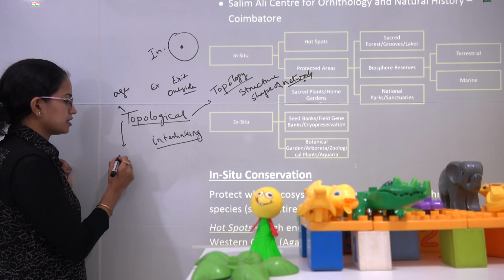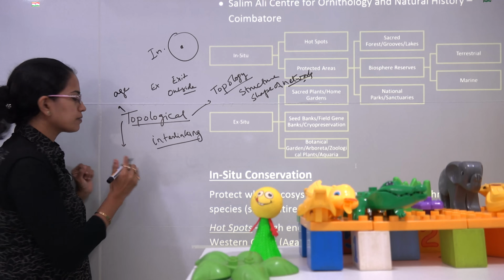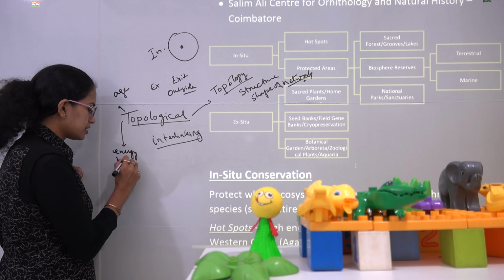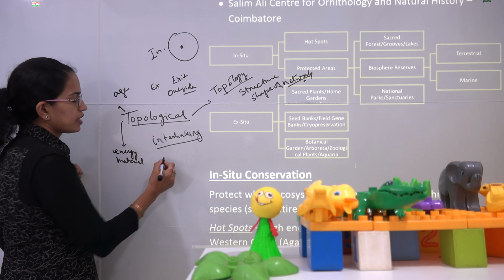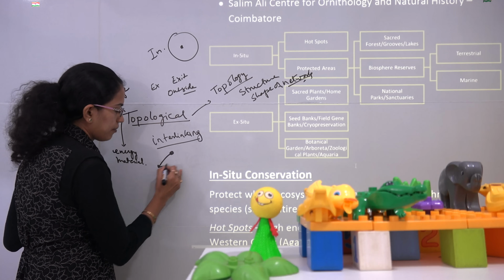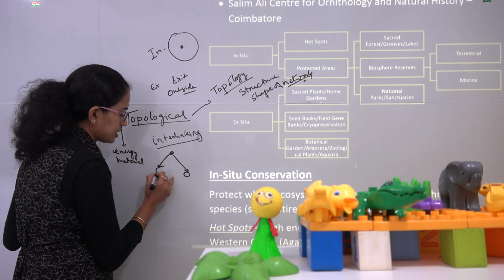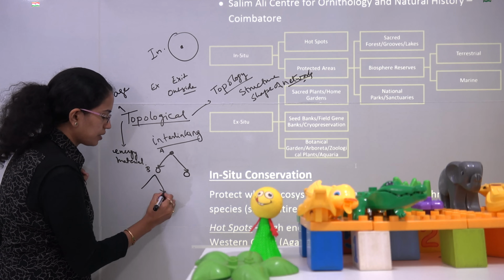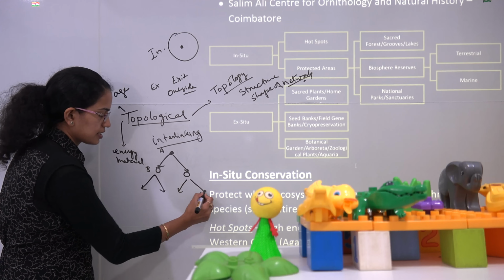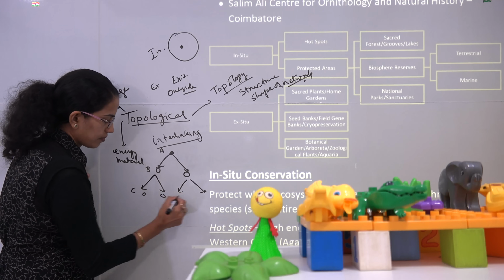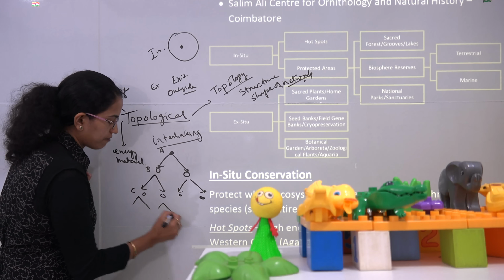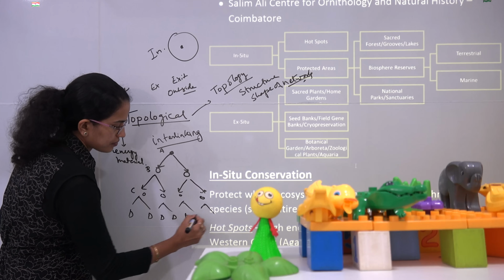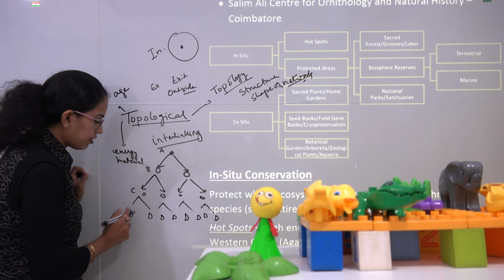Under topological conservation, we talk about a network that is drawn by energy or material, transfer of energy or transfer of material. So let's say you have species A, you have two dependent species B. Now from B you have further two dependent species on each, that's C. And from C you have further species that are dependent, that's D. Now what would happen if I remove any of this?